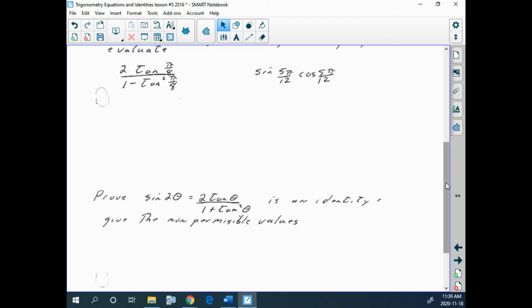What we did: you turn tangent, two tangent into two sides, but it's over, and then you multiply that by your inputs. There's theta.